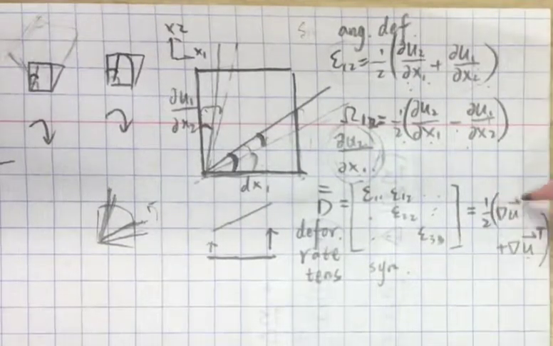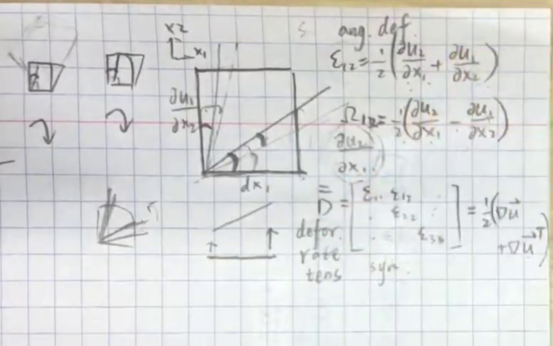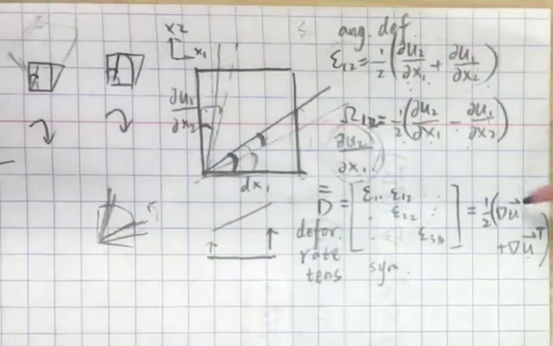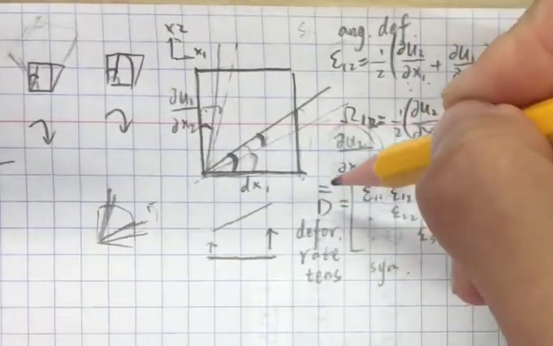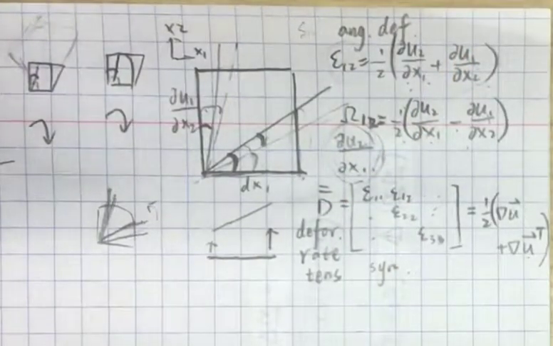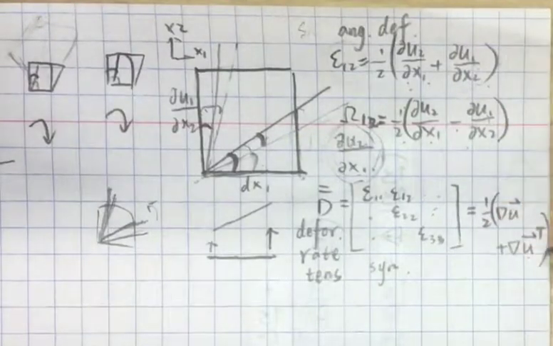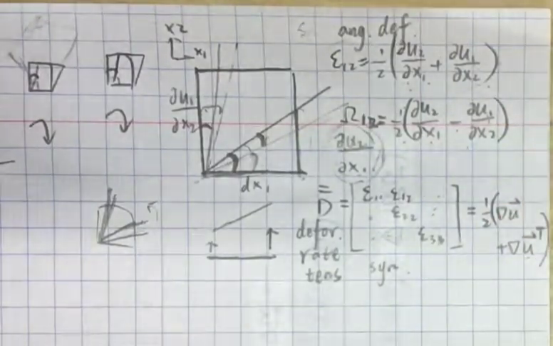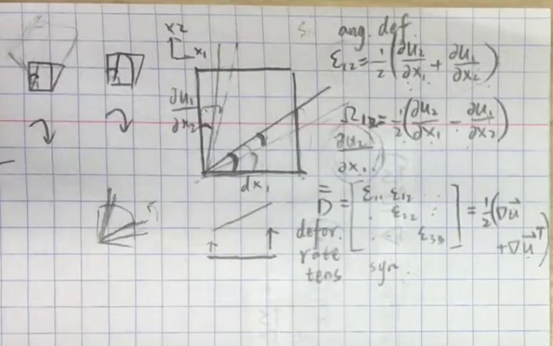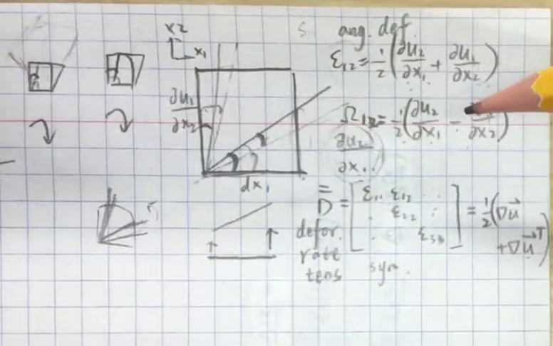I claim that this thing is just equal to the deformation rate tensor. You are welcome to check that fact because we know how to calculate the velocity gradient. Also, from here we can see that the deformation tensor is indeed a symmetric tensor, because any matrix added to its transpose gives a symmetric tensor. So this is the deformation rate tensor.